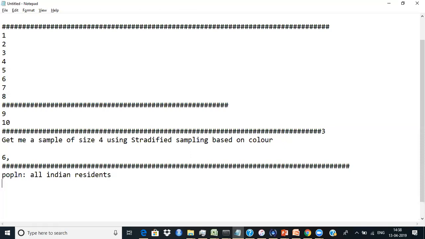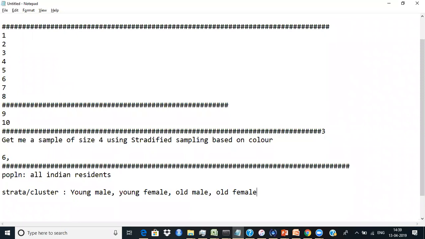Now I have defined my strata or cluster as young male, young female, old male, old female, right?